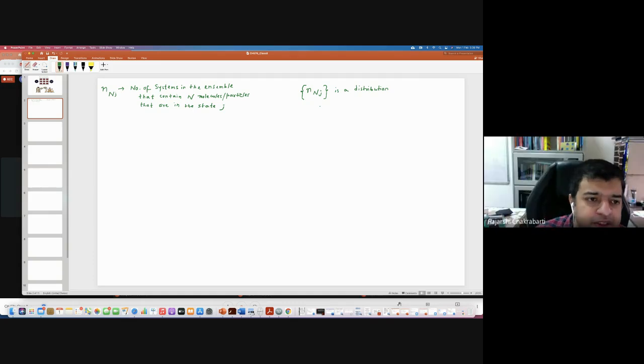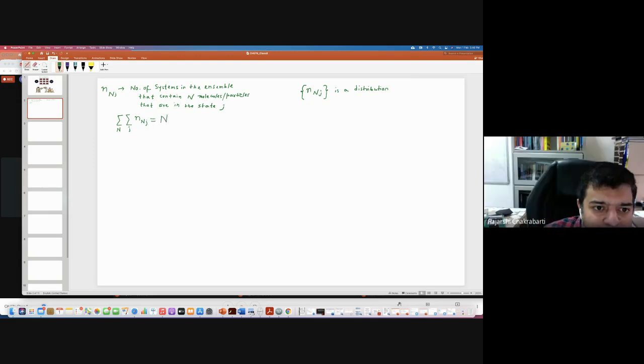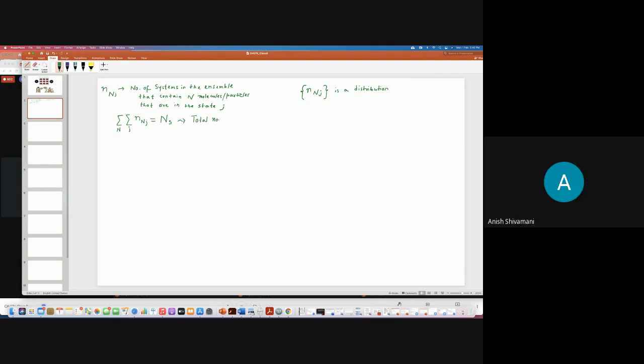See, the first constraint, the condition is, of course, if I sum over all possible values of N and j of this number n_{N,j}, what will be the answer? Can anyone tell me? It has to be N_s. But you see, you have an extra sum over N because N can fluctuate. You understand? So N_s is the total number of systems in the ensemble.